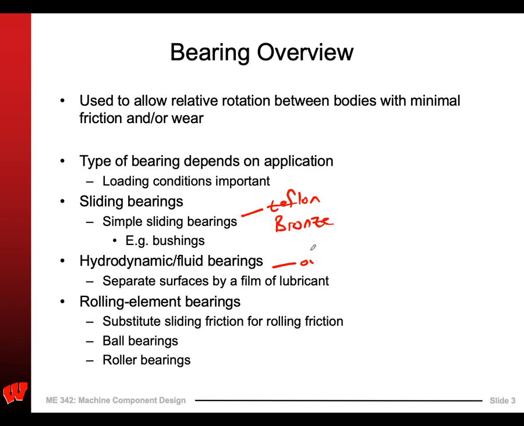These are typically oil or air. The bearings in your hard drive are actually journal bearings, but air is the working fluid. Most people now don't have disk drives, they have solid state drives. And then finally, on your quiz, and on your project, you're going to use ball bearings. Those are all rolling element bearings.